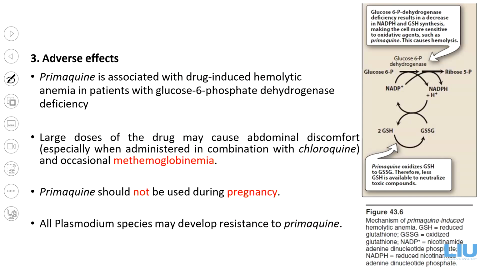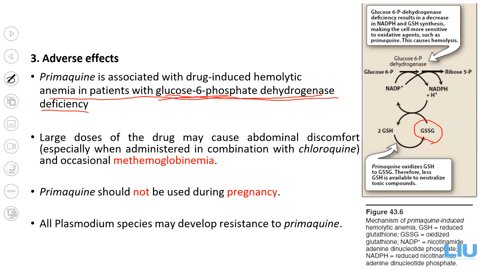Adverse effects. So for primaquine, apparently it should not be given to anemia patients who have glucose 6-phosphate dehydrogenase deficiency. Why is that? Let me give you some background about this disease. People who have glucose 6-phosphate dehydrogenase deficiency would not be able to produce glutathione.